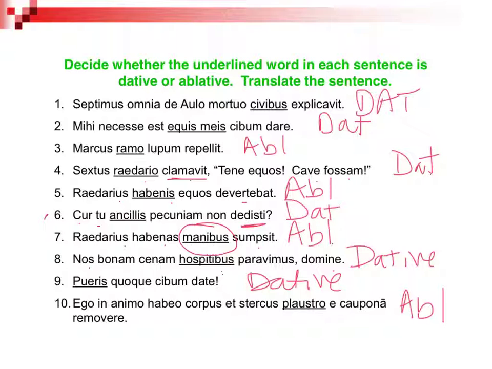Number 9, date, command. Give food also to the boys. Dative, indirect object, they're receiving the food. Number 10, ego in animo habeo, I have in mind to remove the body and the dung from the inn by means of a plaustro, ablative of means.